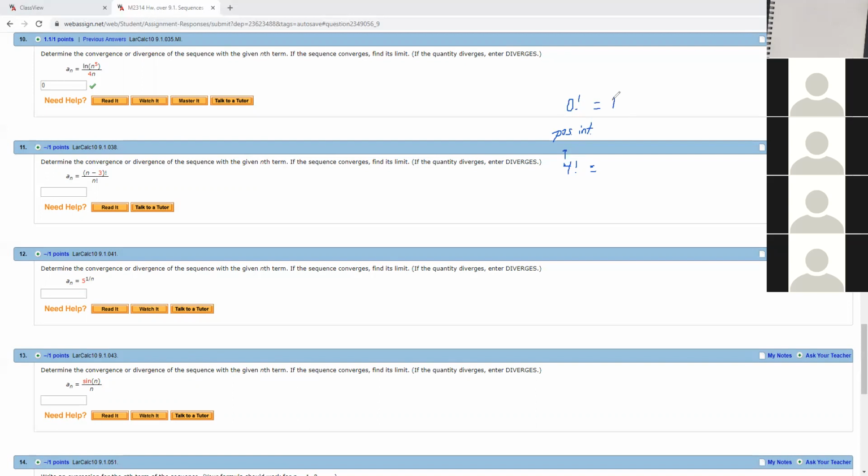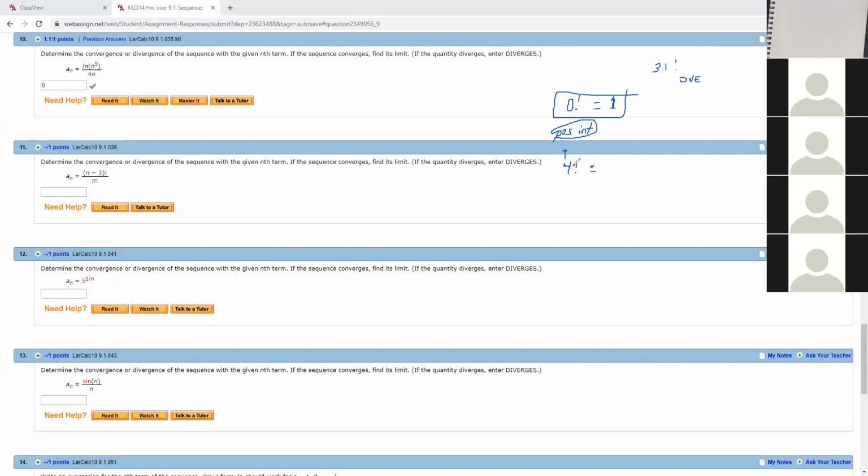It doesn't make much sense at the moment, but it's a definition, so that doesn't mean it's necessarily provable. We just have to accept this. All positive integers are the only thing you can have in front of a factorial, otherwise you would say it does not exist. So if you saw 3.1 factorial, you would say it does not exist because there is no finite numerical answer to this. It's not infinity either, by the way. It just does not exist.